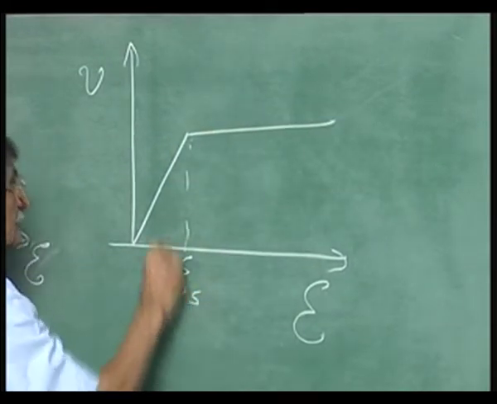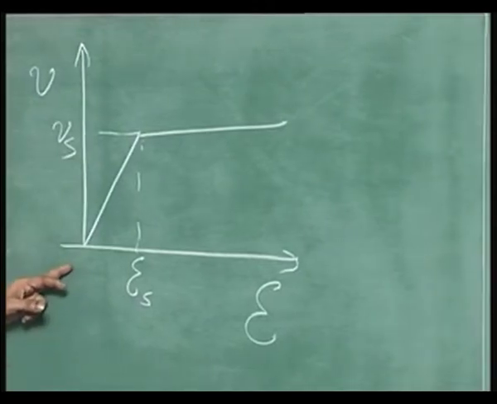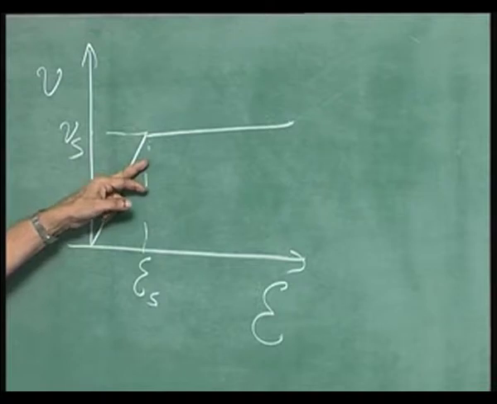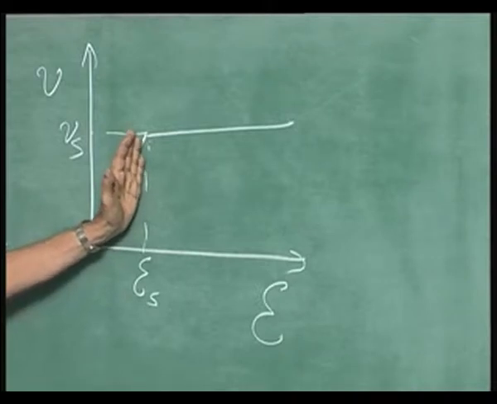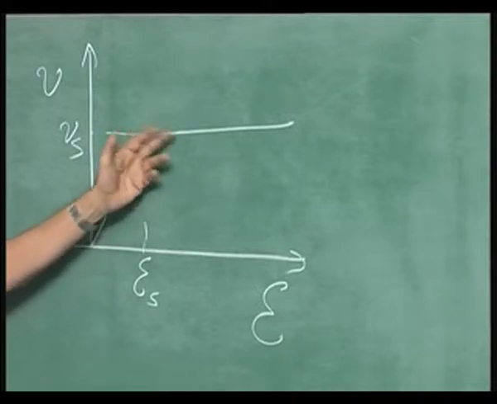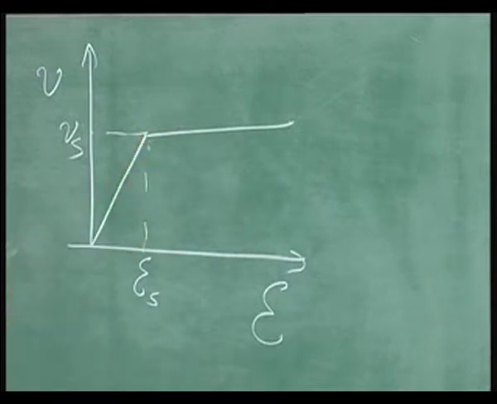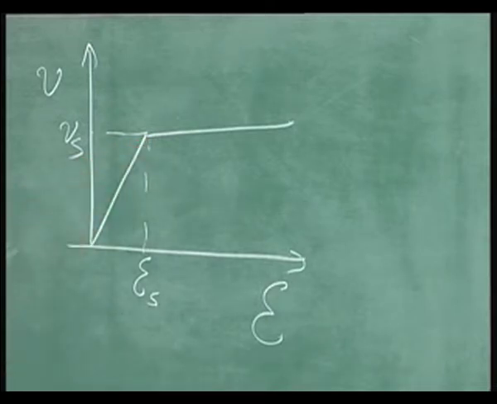That means, till the electric field is equal to saturation field, I can write V is equal to mu into E, and from the point at which E is equal to saturation field, beyond that point velocity saturation is there. Beyond that point the channel cannot shrink. So, this is the condition which is equivalent to the pinch off.